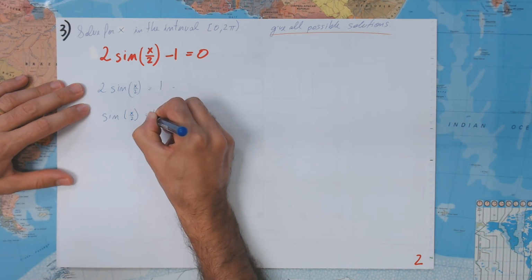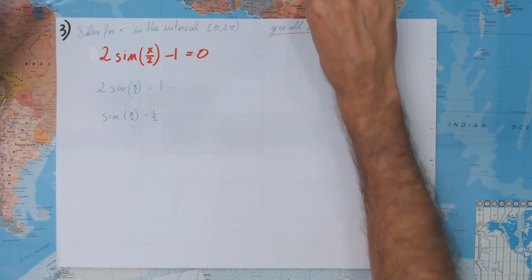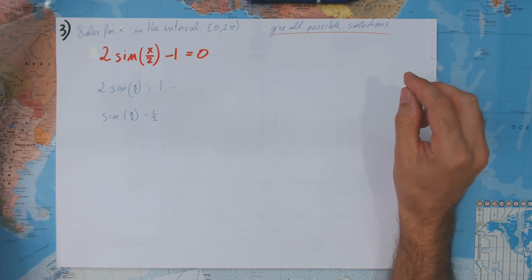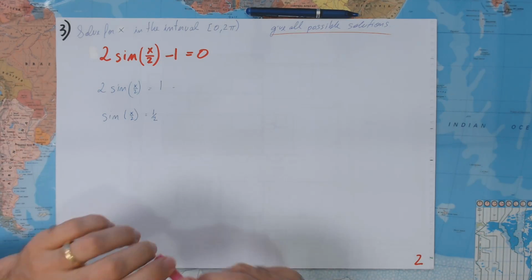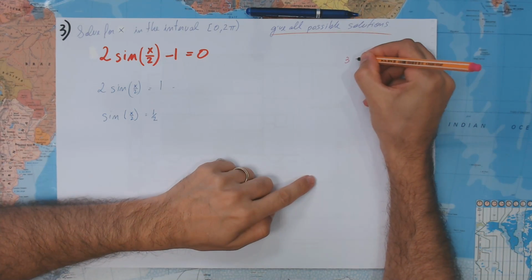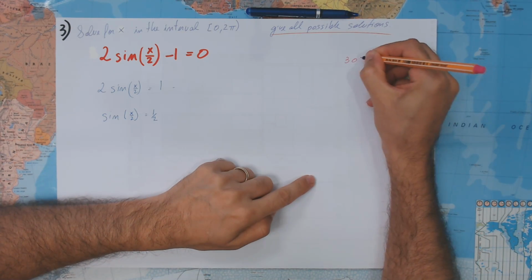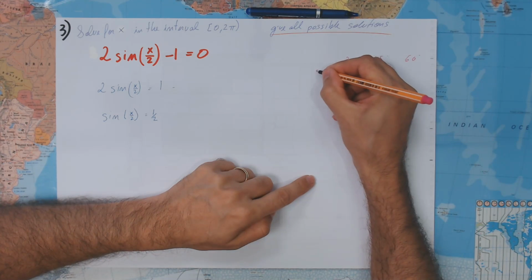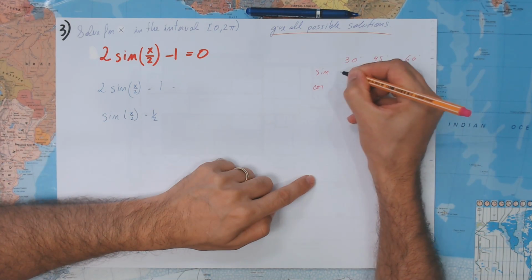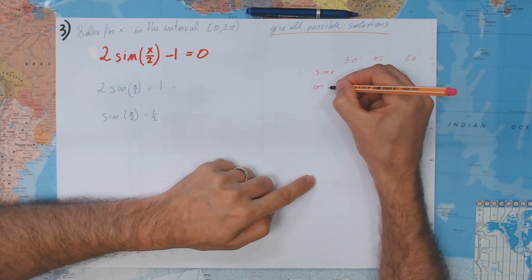It is just half. Well, remember our table went like this: 30, 45, 60 degrees, sine, cosine of x.